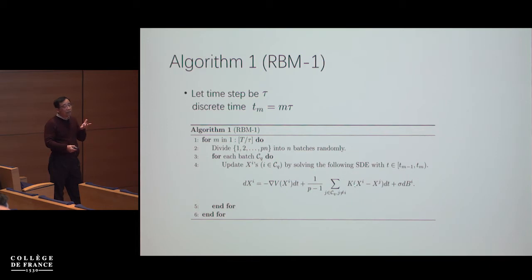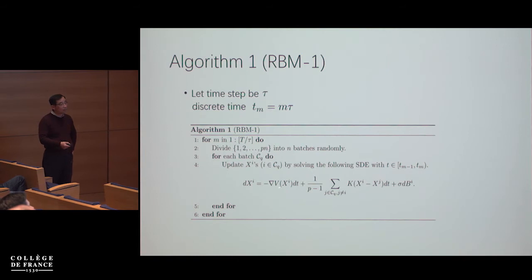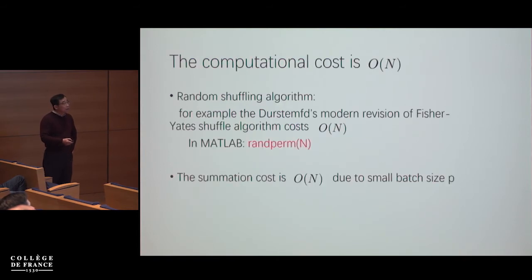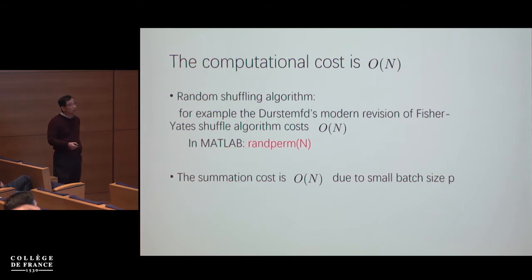Clearly, if p is very, very small, this is an order 1 summation now. For example, if you choose p equals 2, each particle only interacts randomly with another particle. So this is an order 1 summation. Then the whole system is an order N summation, and the cost of computing in this ODE step is order N. So the ODE step clearly is order N, and the random shuffling step is also order N. Already in the 70s, algorithms were developed which do this random shuffling at order N cost.